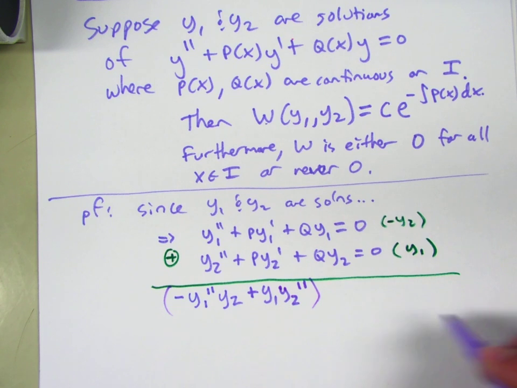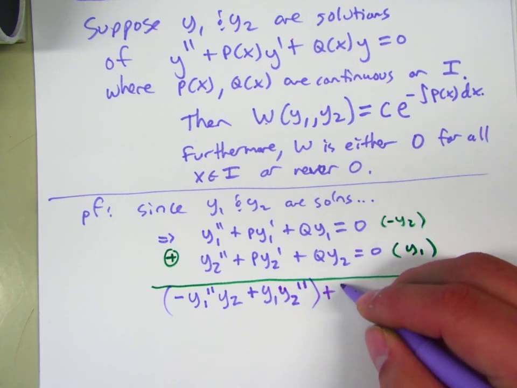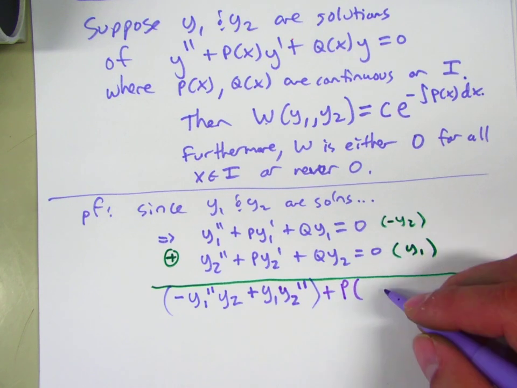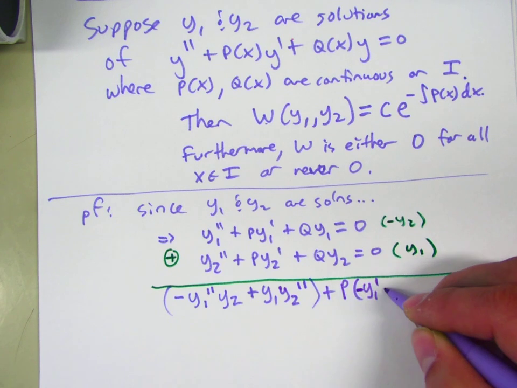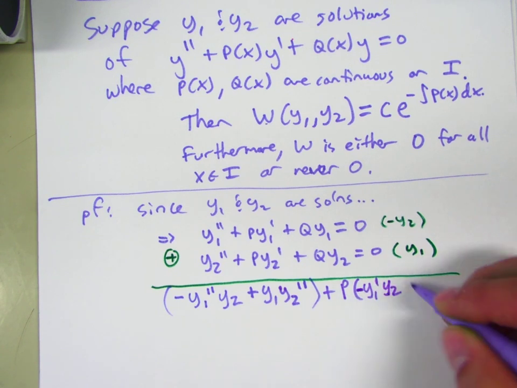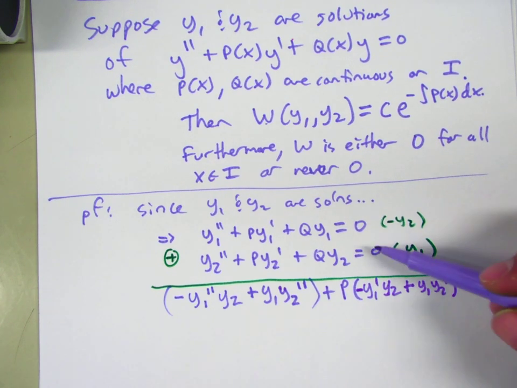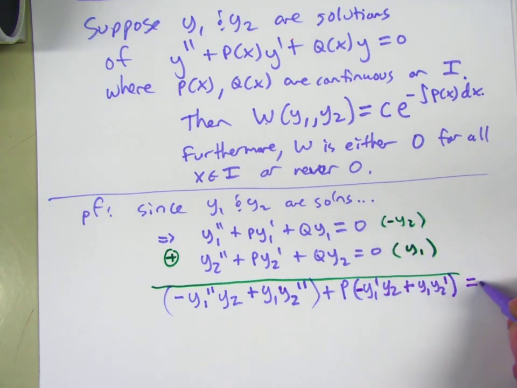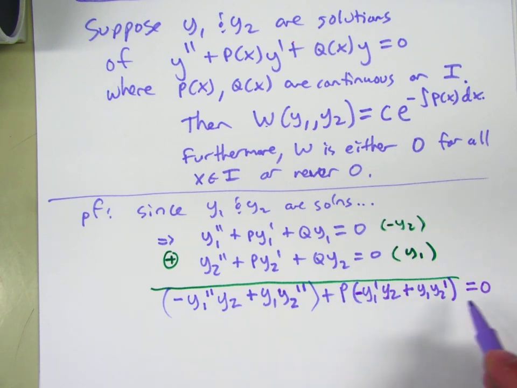That's from the first term, right? Plus, now here we'll have a p term, and that coefficient is going to be negative y1 prime times y2 plus y1 y2 prime. And now the q terms cancel out, right? Because these will be exactly opposite. And then now we have this equal to 0. Does everybody understand where that's coming from?